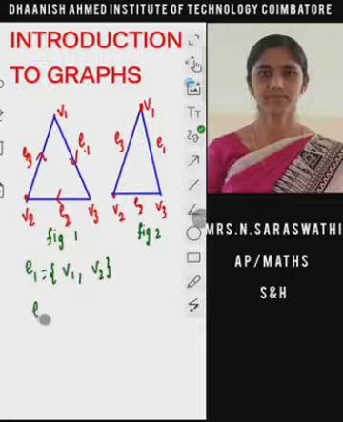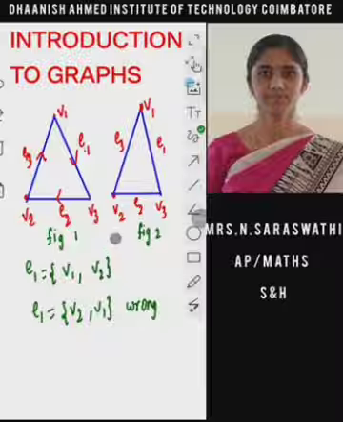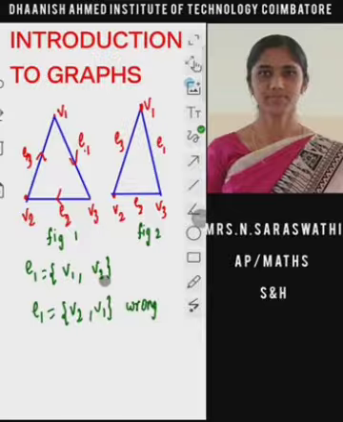We should not write it as V2, V1, and this is wrong because here the edge E1 starts from V1 and ends in V2. So we should write in some ordered form. Similarly, the edge E2 is from V3 to V2.